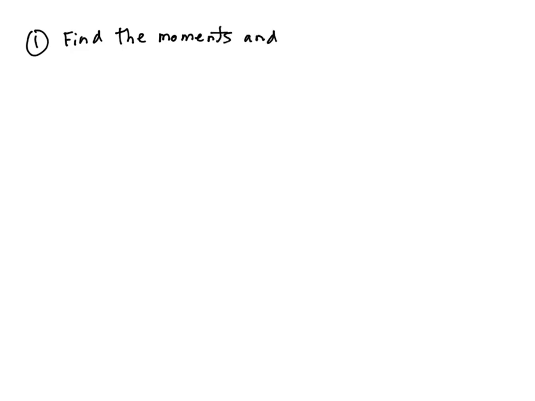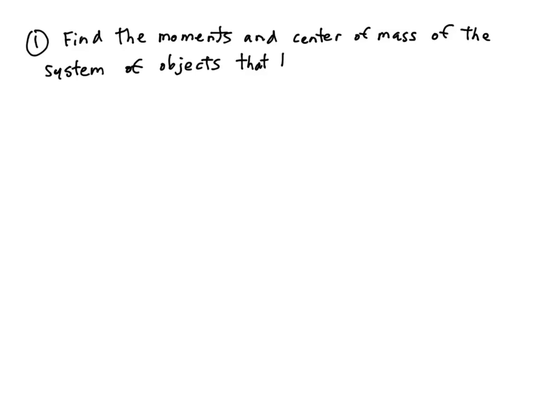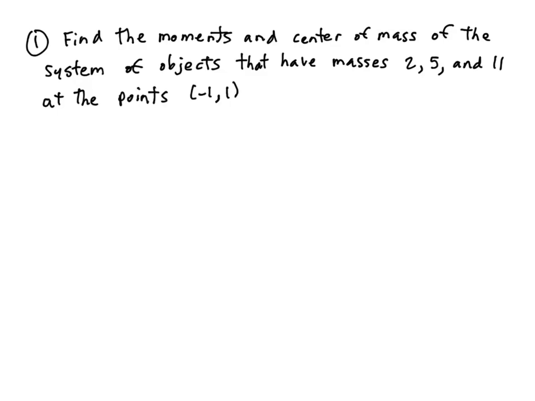Find the moments and center of mass of the system of objects that have masses 2, 5, and 11 at the points (-1, 1), (2, -1), and (3, 2), respectively.